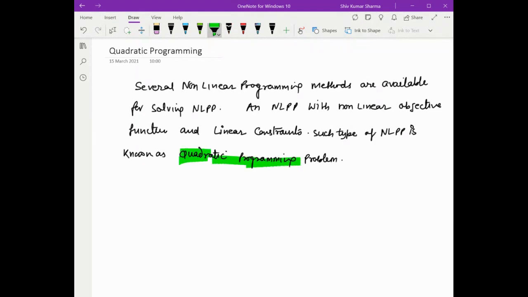In short, we write it as QPP, quadratic programming problem.